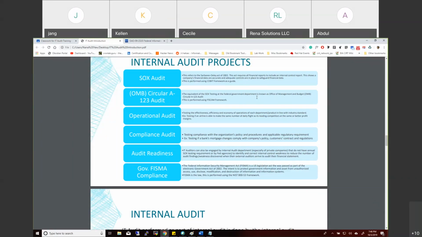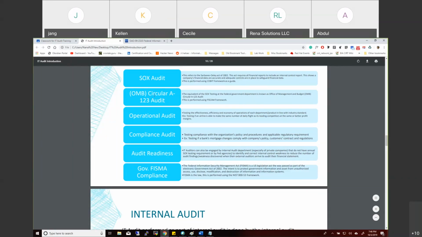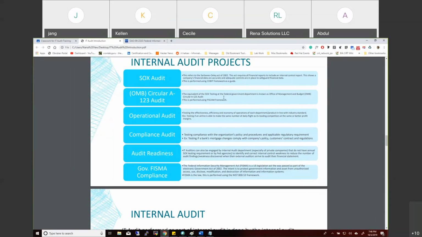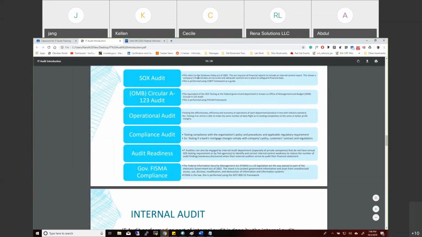The only difference between SOX and OMB 123 is that SOX is normally for public companies, whereas OMB 123 is strictly federal. It's more government, and they use a different framework. SOX uses what we call the COBIT framework as a guide, whereas OMB 123 uses the FISCAM framework.